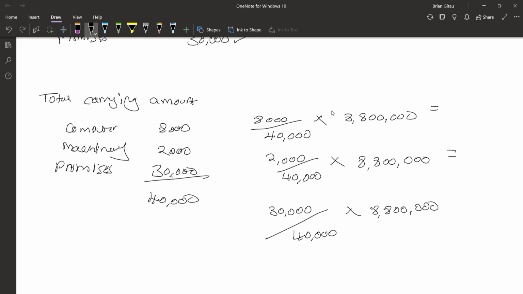So let me calculate these very fast. Computers will give us 1,760,000. Machinery will give me 440,000, and the last one, premises, will give me 6.6 million.